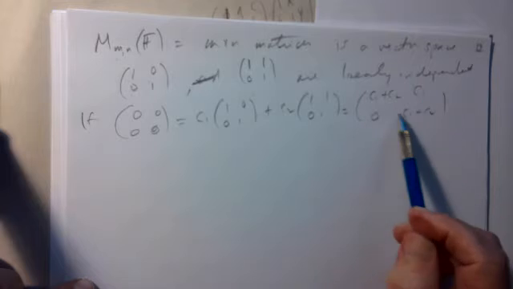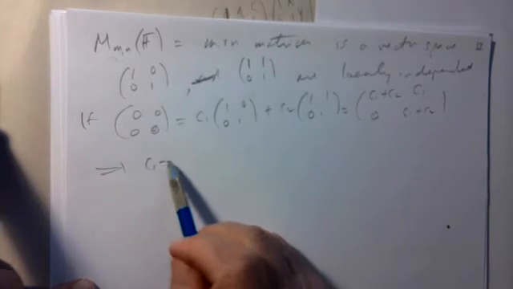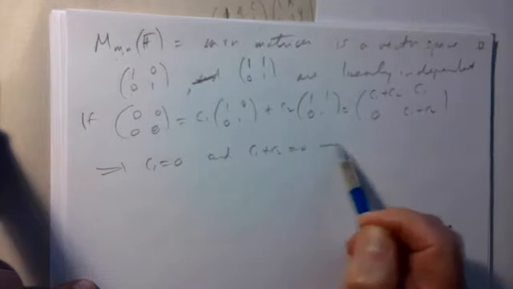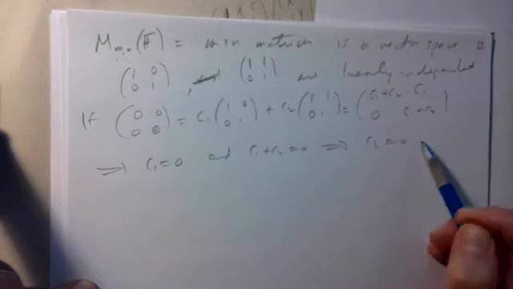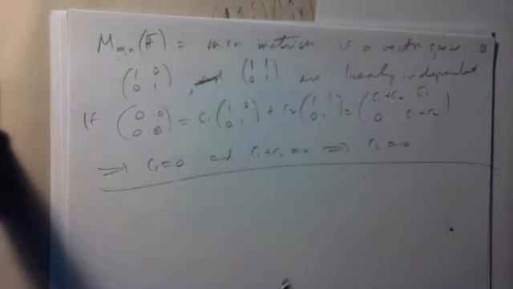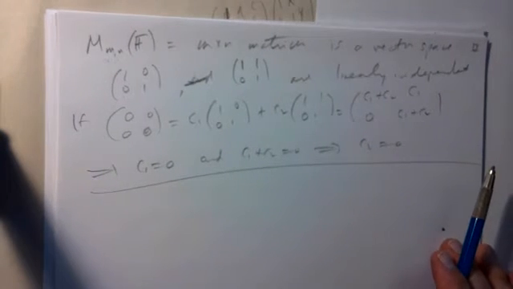So that means each of these coordinates is 0. So C1 is 0, and C1 plus C2 is 0, which means C2 is 0, which means these vectors are linearly independent. Right? So this is an example.